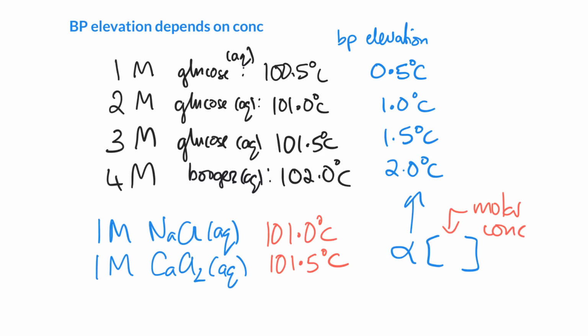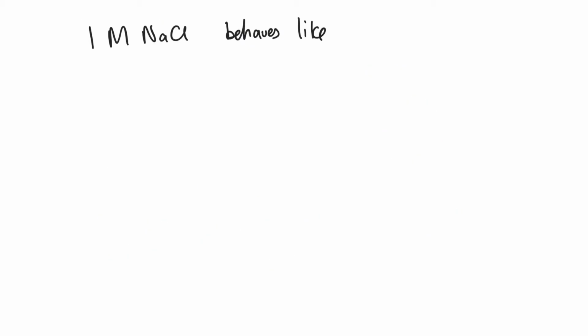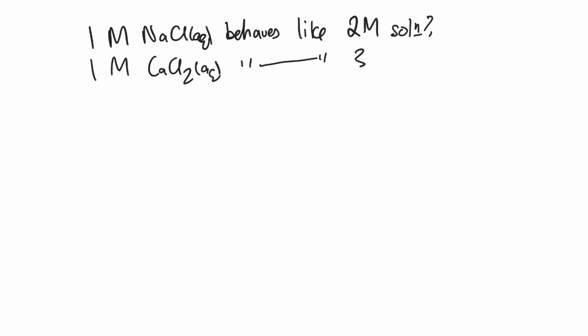Well, it took people a while and people did not believe it initially, but let's go ahead and go to another slide and see what is going on here. So our 1 molar sodium chloride is behaving like a 2 molar solution, and our 1 molar calcium chloride, and these are both aqueous by the way, is behaving just like a 3 molar solution, at least when it comes to boiling point.